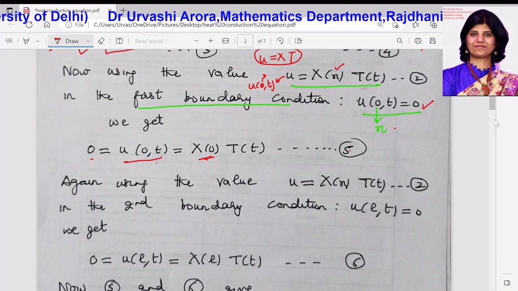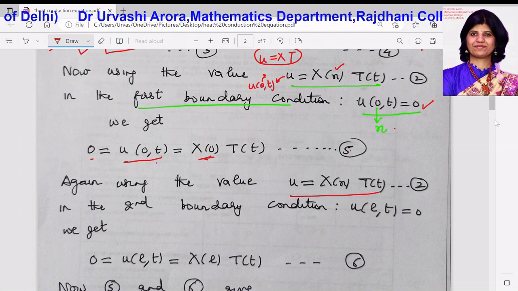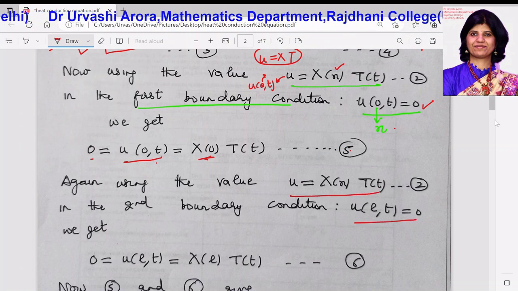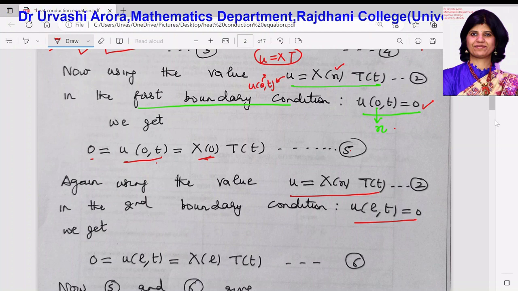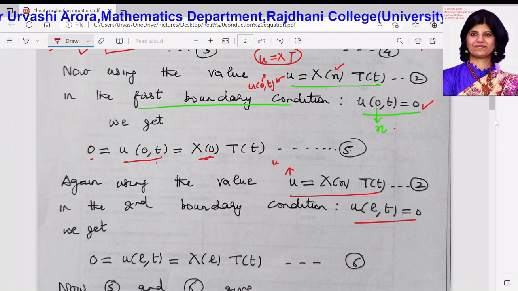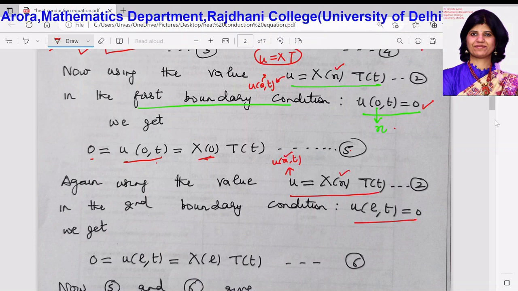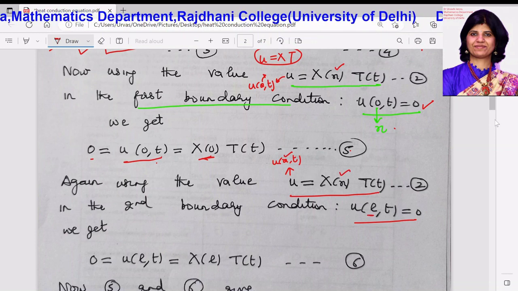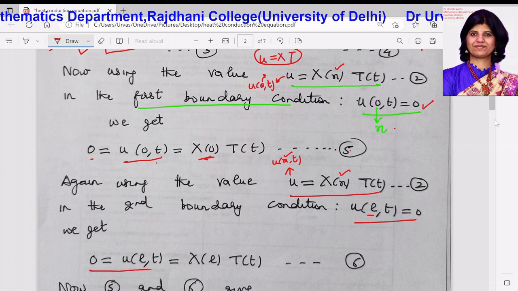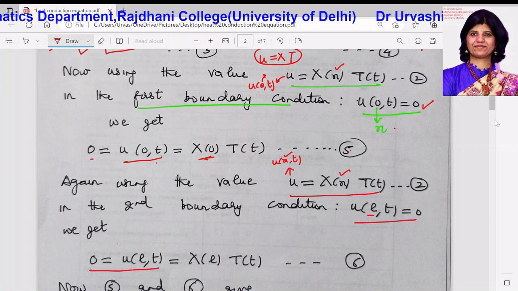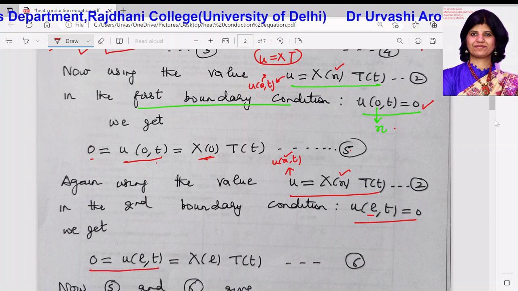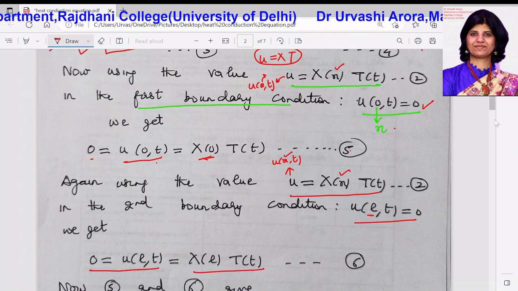Again using the value u is equal to X(x) into T(t) in the second boundary condition, u(L,t) is equal to 0. So this u is again explicitly a function of x and t, and here wherever x is coming we replace x by L, and so u(L,t) is equal to 0 is the boundary condition, and here when you put x is equal to L, this comes out to be X(L) into T(t). This we are marking as 6.